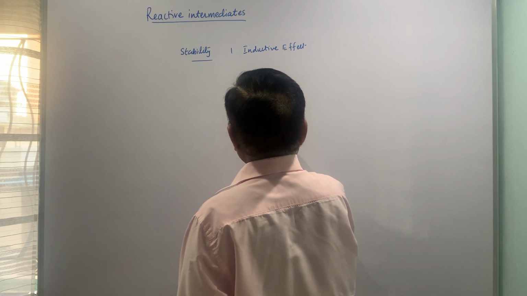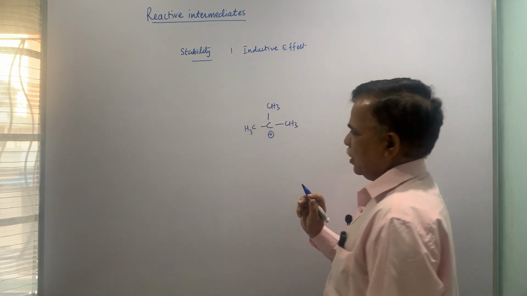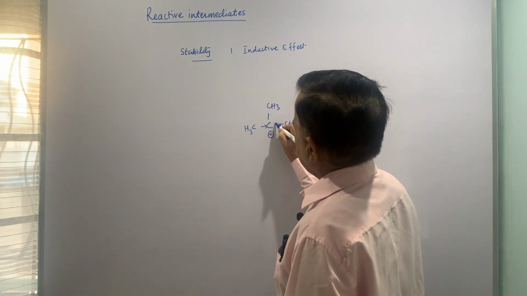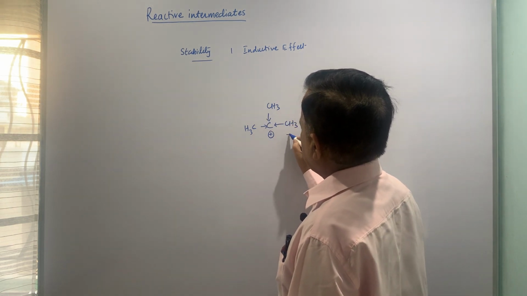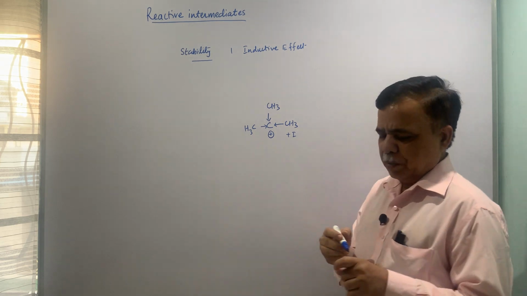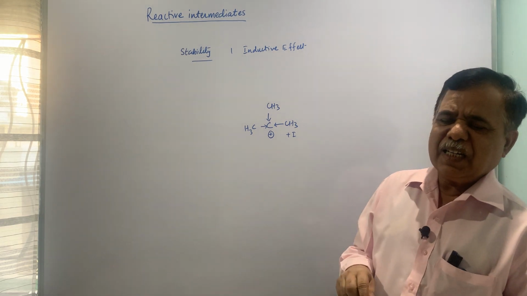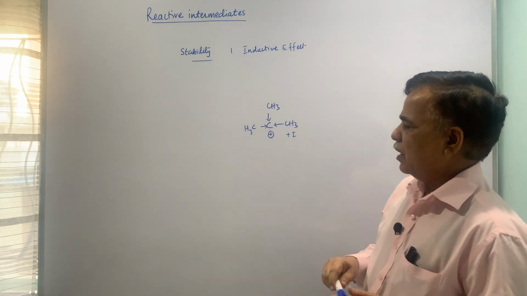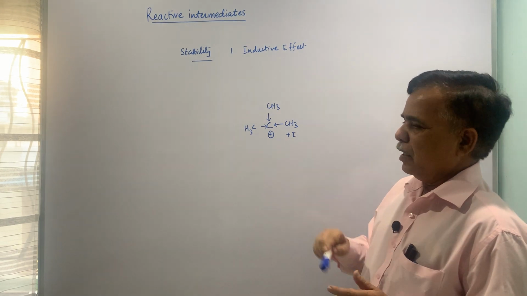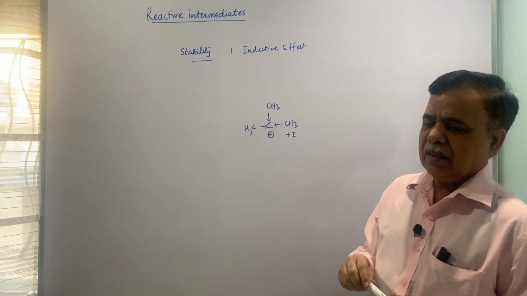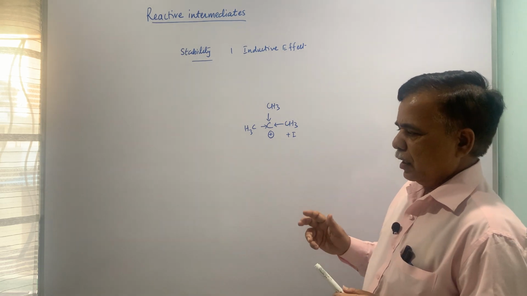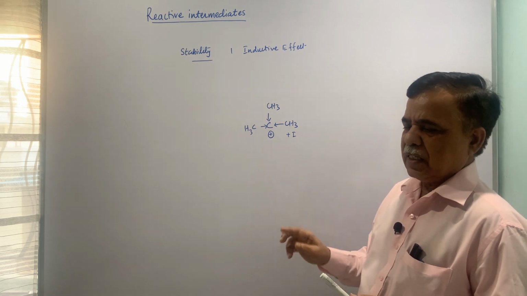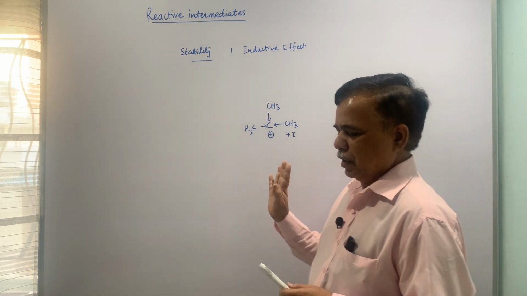Let me put the carbonium ion which is flanked by 3 methyl groups. So this is a tertiary carbonium ion. This arrow suggests that these methyl groups are releasing electrons through plus I effect, and by virtue of that this carbonium ion is more stable, and you can say that inductive effect, plus I effect to be precise, is responsible for the stabilization.